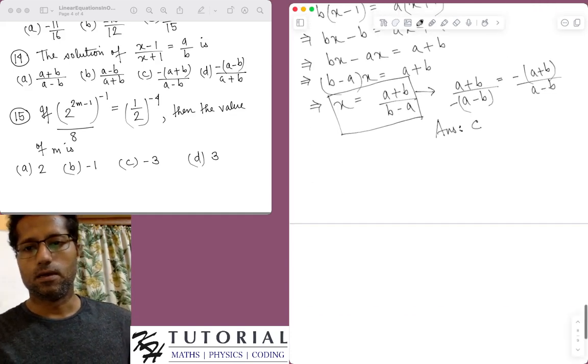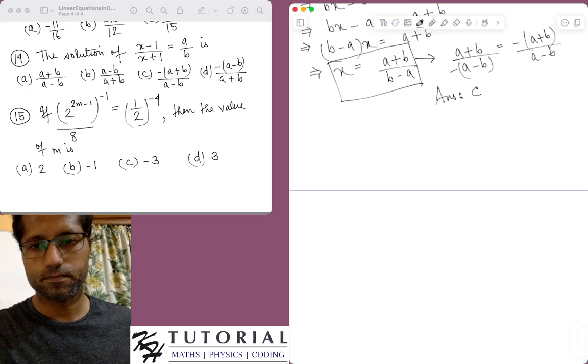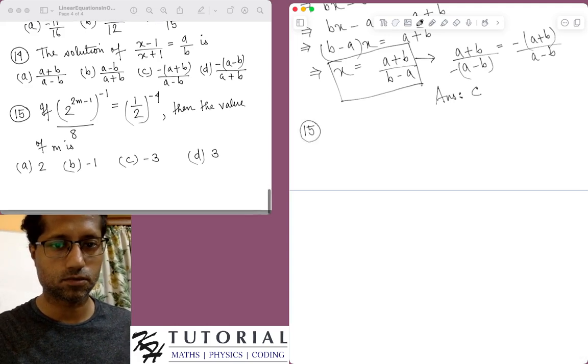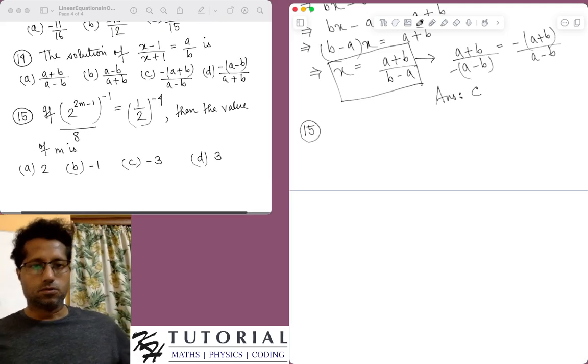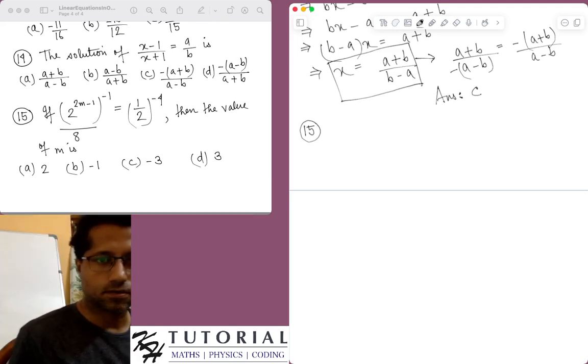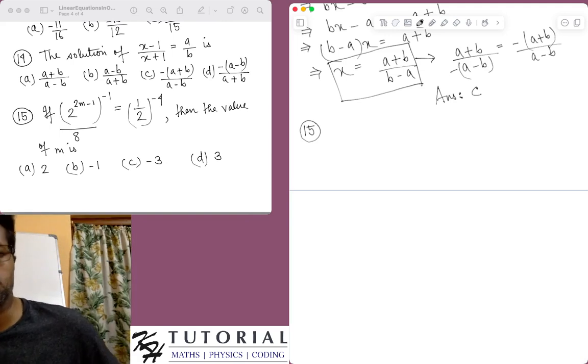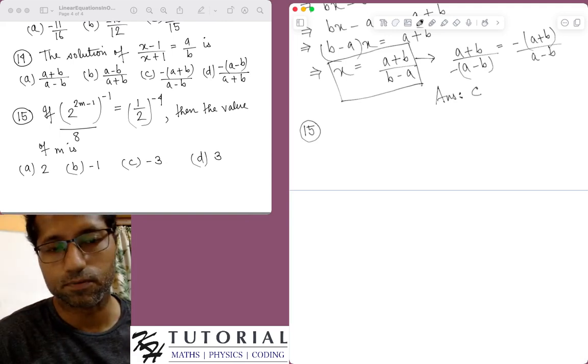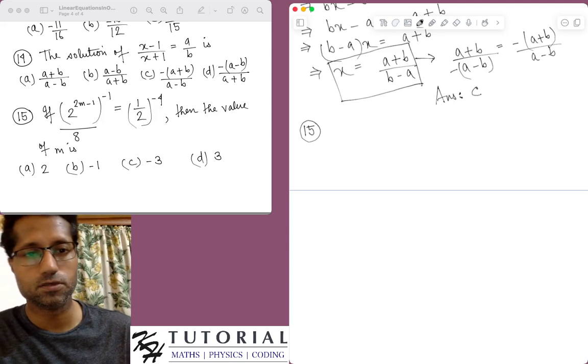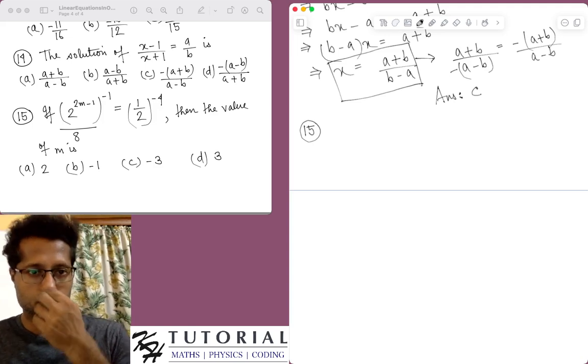Okay, let's do question number 15. I hope this is the last question. So it is given an equation with some exponents, so your concept on exponents should be good to solve this problem.